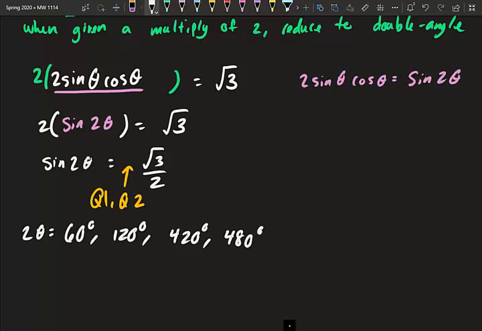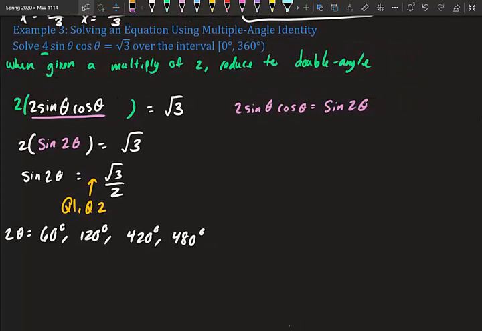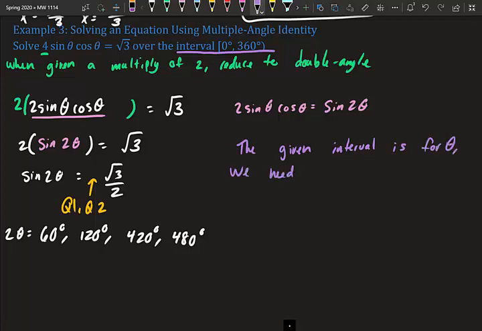Now, why did I go all the way to 480? What haven't we done yet? We haven't talked about our intervals, so we actually need to talk about our intervals. We're given the interval for theta. We need the interval for 2 theta.